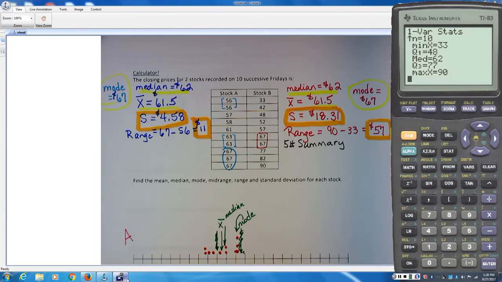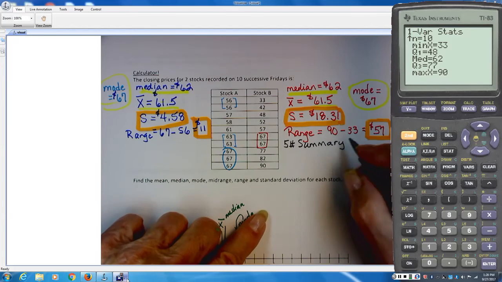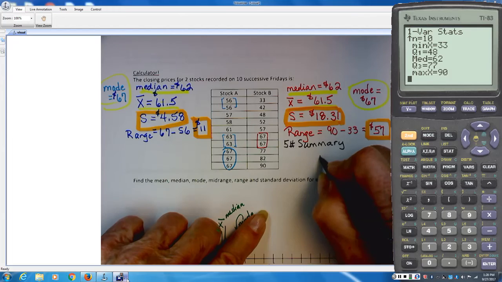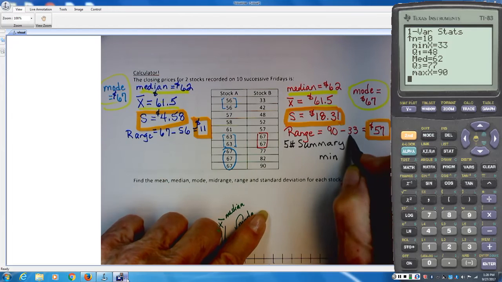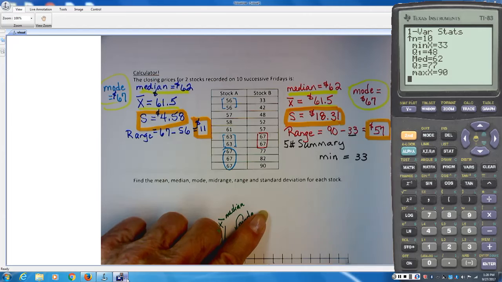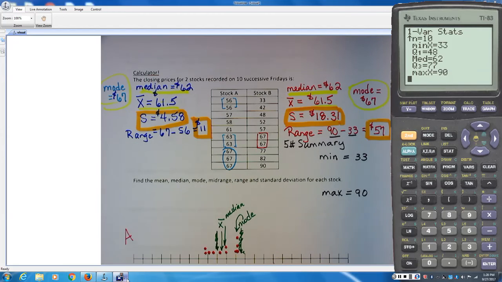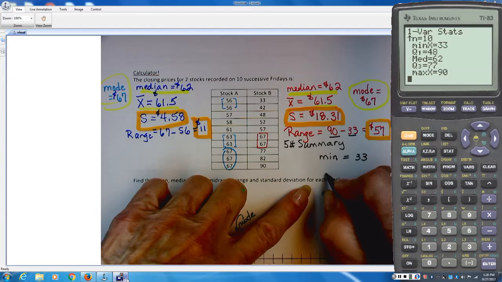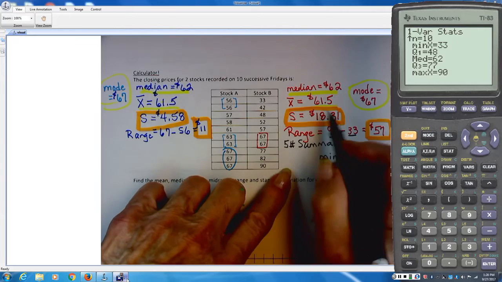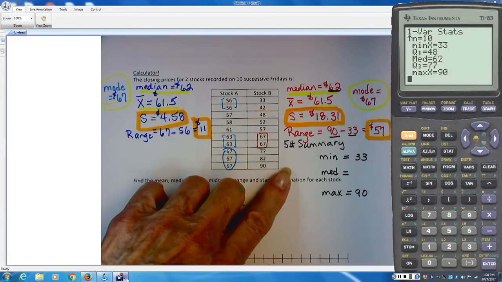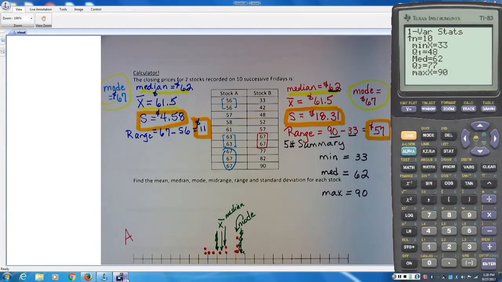The 5-number summary includes the minimum, which we already had. We've already used it. The maximum, the median, which we've already calculated and used. But it includes 2 more numbers.